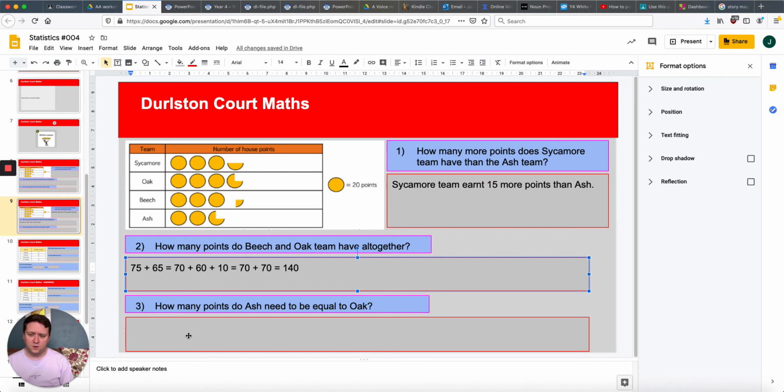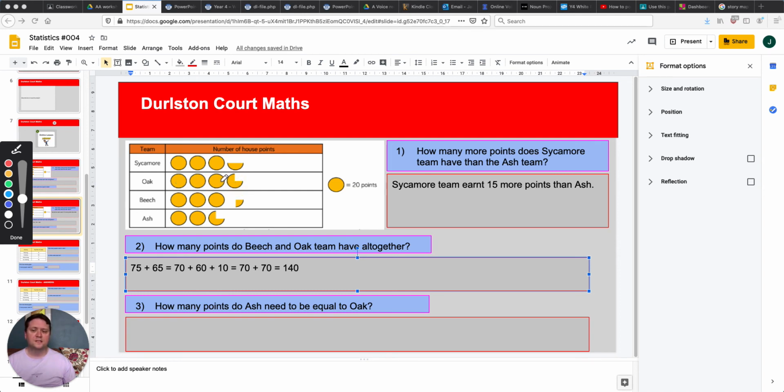And then Oak has got 20, 40, 60, 75 points. Now I can use the pictogram to help me with this because I can see that with Ash and Oak here, Ash has got 2 full circles and a 3/4, and Oak has got 3 full circles and a 3/4.